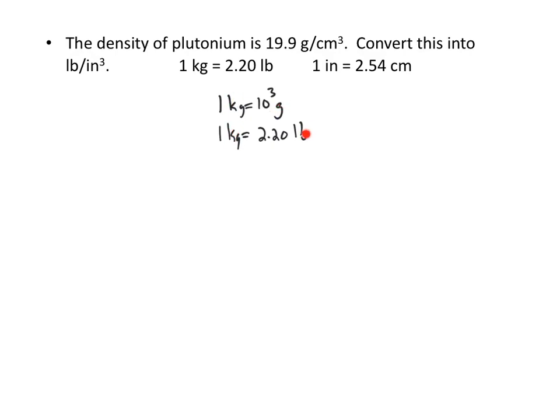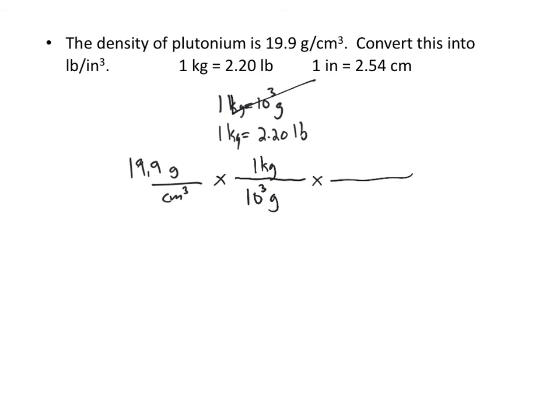And so I'll have done my mass conversion. I'll take my 19.9 grams per centimeter cubed, and I want to get rid of the grams. So I'll put 10 to the third grams on the bottom, and the 1 kilogram will go on top, and I've used that one.